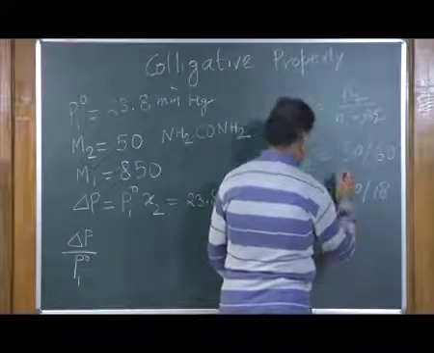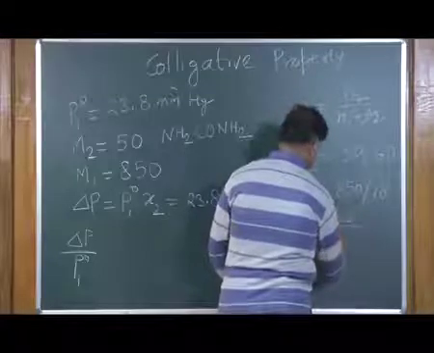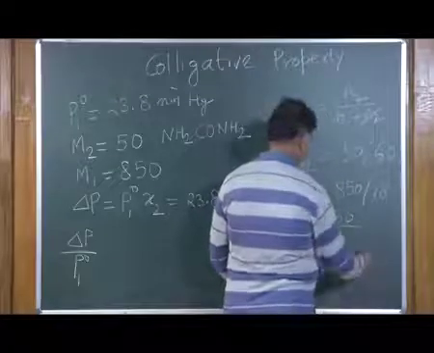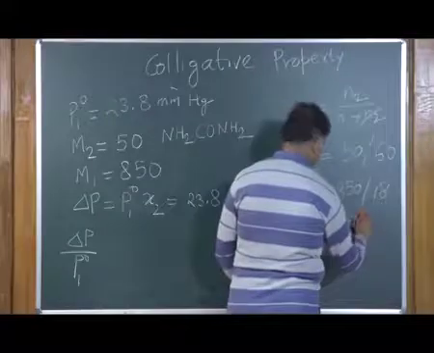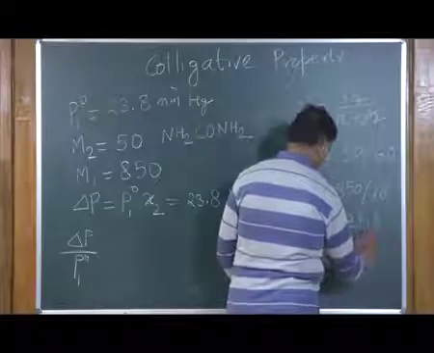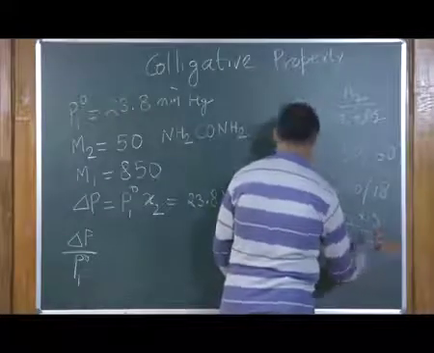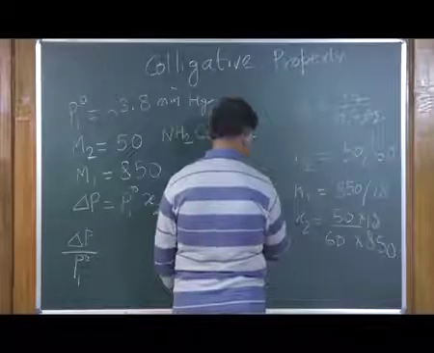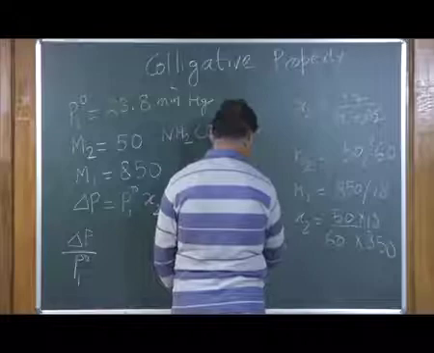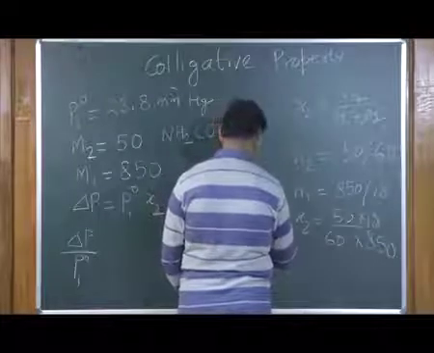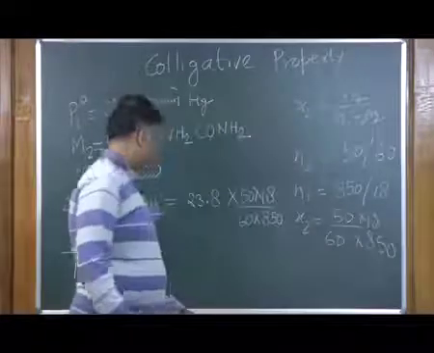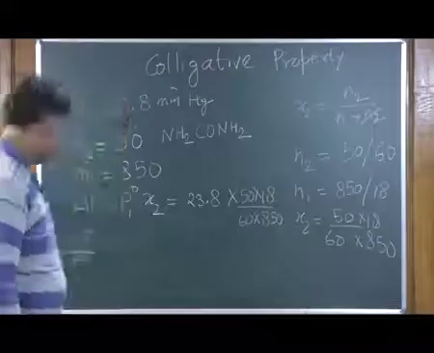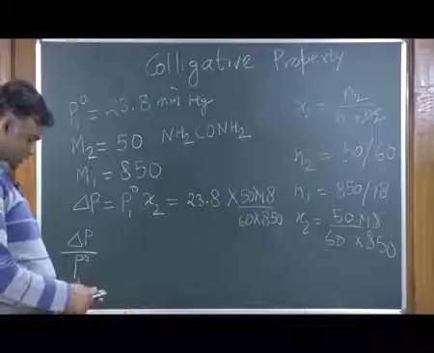And so x2 is 50 by 60 into 18 by 850. So, I put that quantity right here, 50 into 18, 60 into 850. Okay, and let us use the calculator and see what we get.